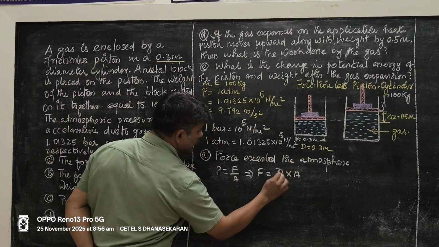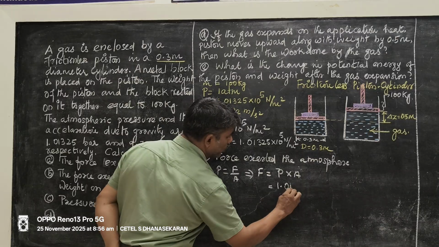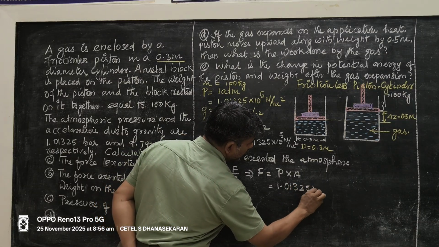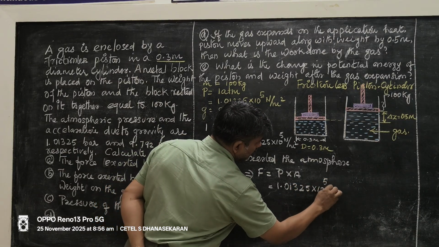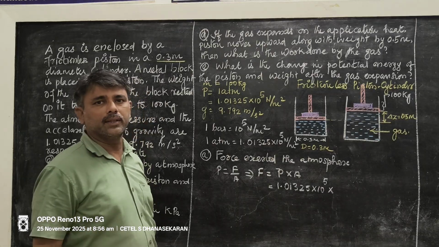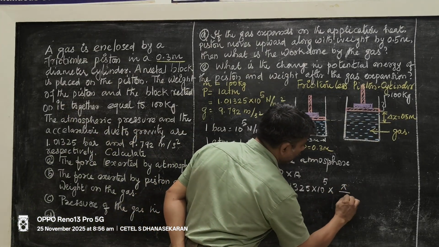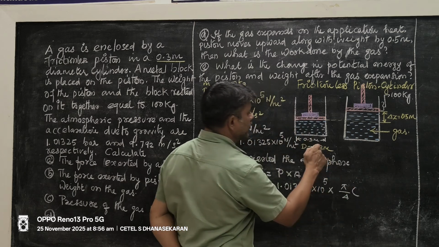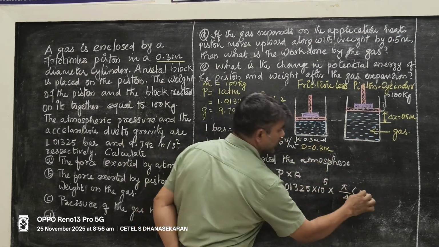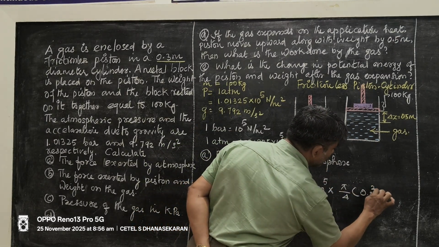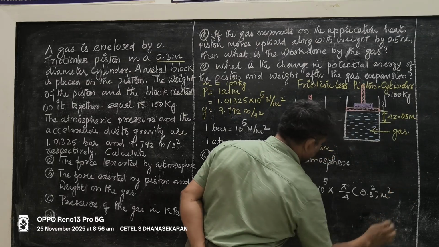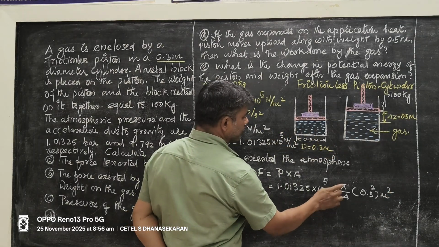So, pressure P is given, 1.01325 into 10 to the power of 5, times the cross-sectional area of a cylinder, pi by 4 d square. Diameter is given 0.3 meter. So 0.3 whole square into meter square.